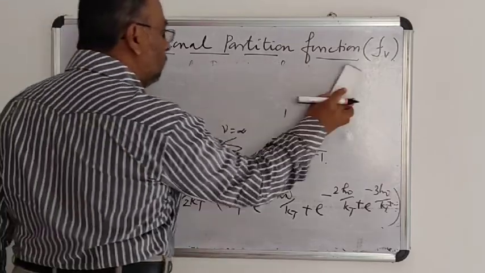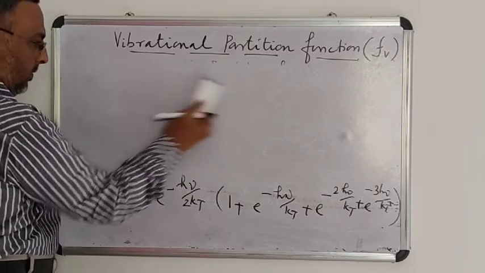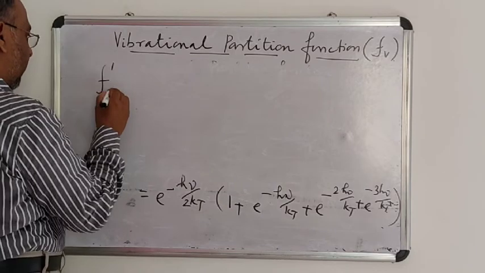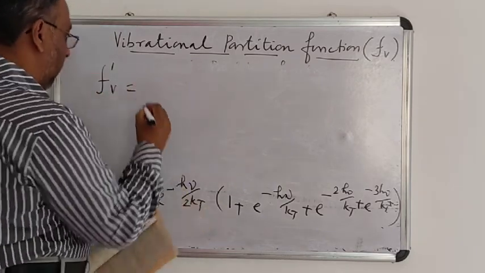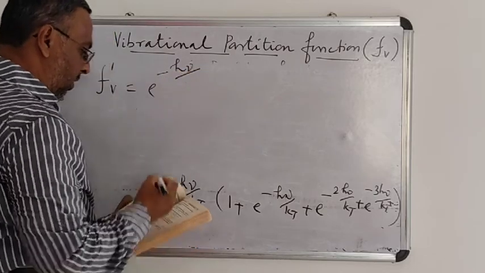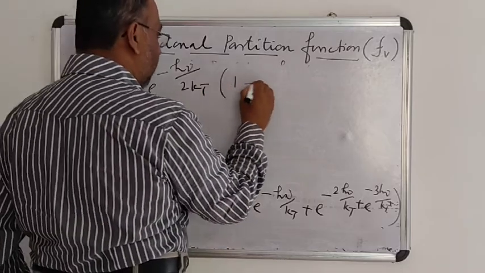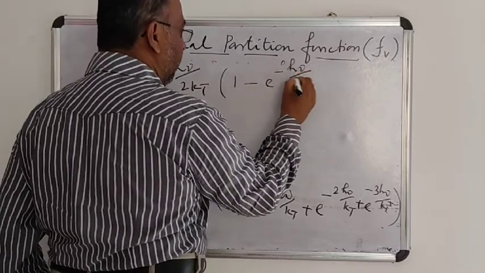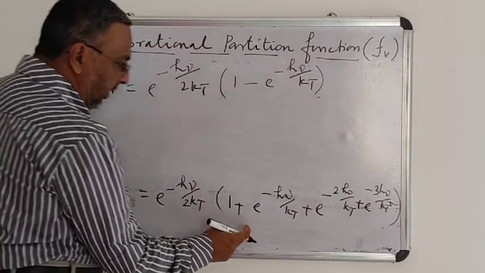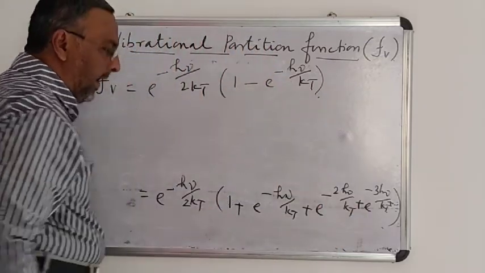On solving this, I can write it as f dash v is equal to e power minus h nu by 2kT into 1 over (1 minus e power minus h nu by kT). So the 1 plus e terms, all these sums, can be simplified and written like this.